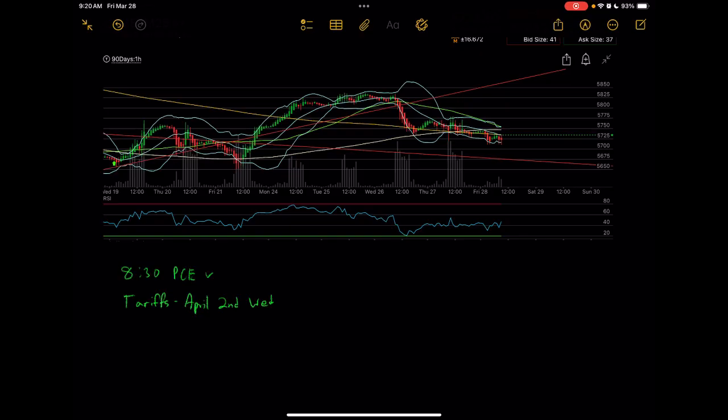The orders that I got for today for this are 5680 long with a 15-minute candlestick, and also a 5600 support bounce. So you don't even have to wait on that 15 MA.